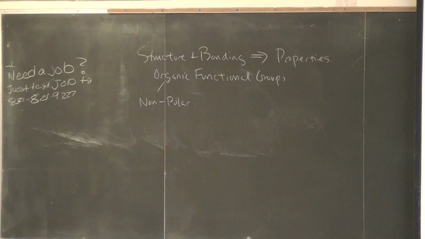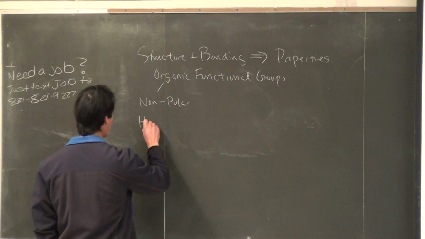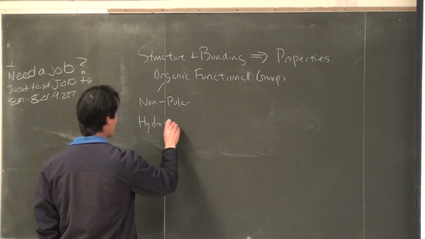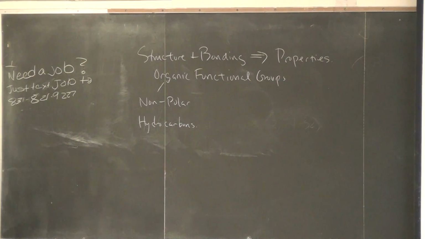A non-polar functional group would be the hydrocarbons, and they include the alkanes and alkenes and alkynes. That's why, for example, oils and fats are insoluble in water.